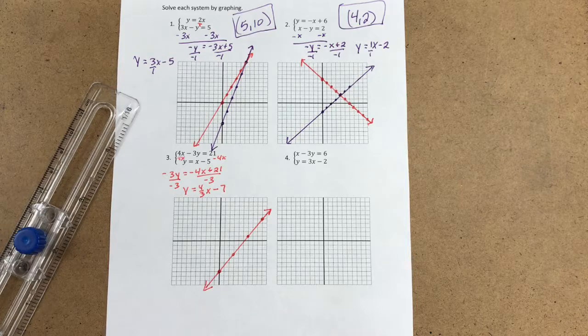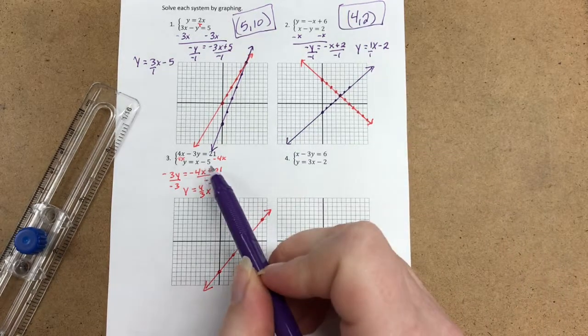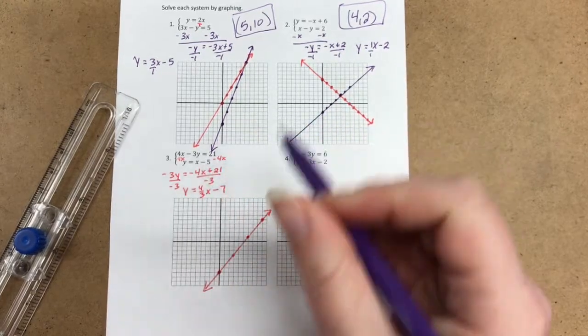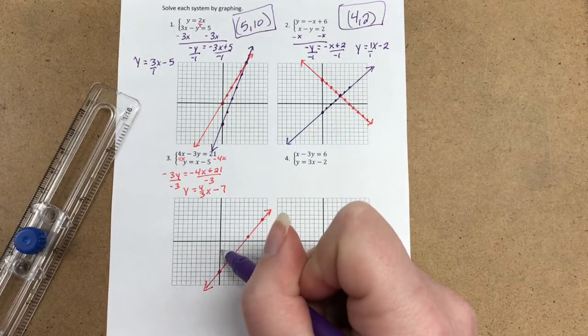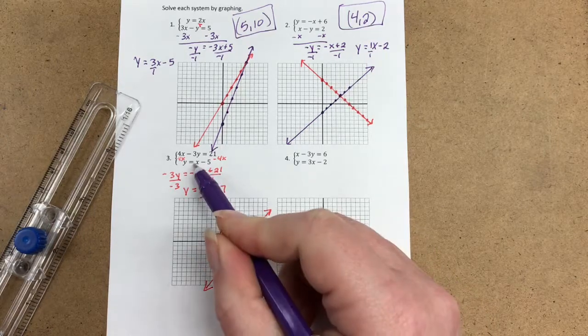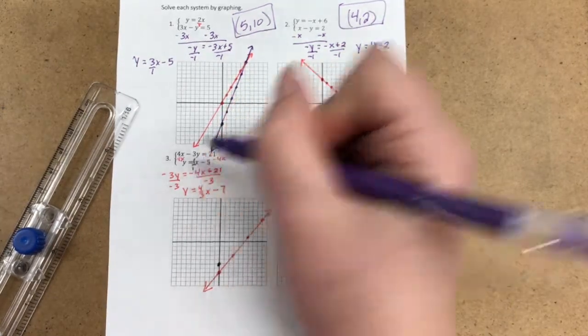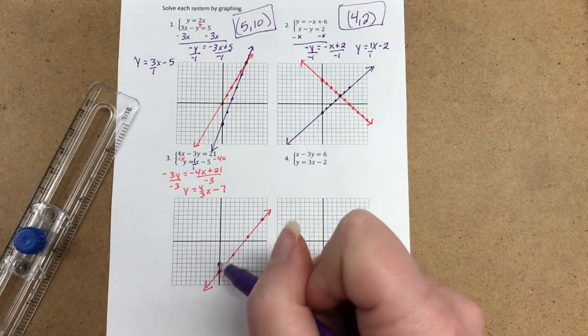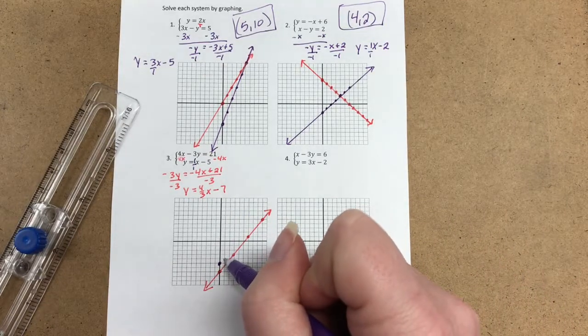For the second equation, y equals x minus 5, I'll graph that y-intercept first, of -5. And then my slope is just 1, so I go up 1 over 1, right 1.